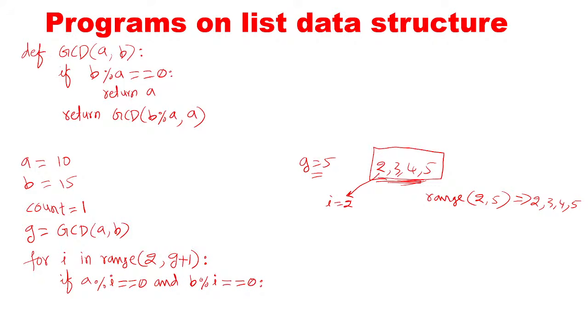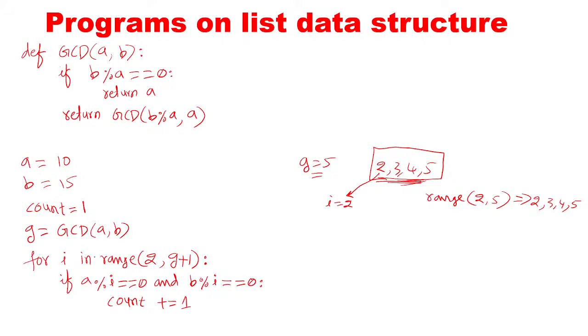So b mod i is equal to 0. That means if i divides both these numbers, then you got one more factor, and you increment the count value. So count plus equals 1. The meaning is add 1 to the previous count value. So now the count value becomes 2 if it divides.